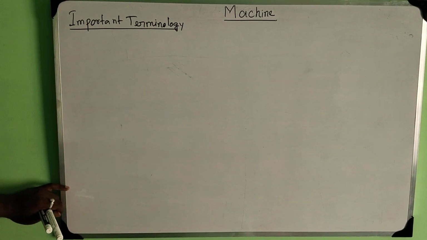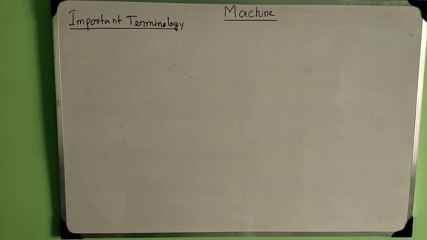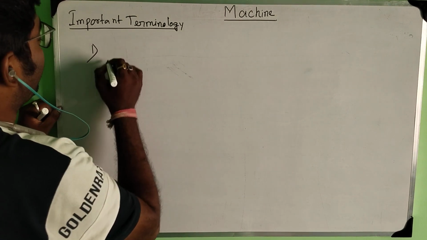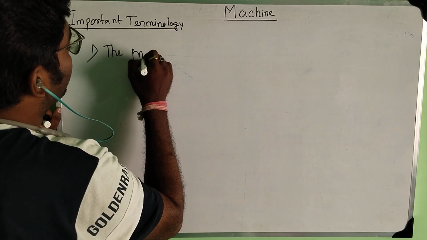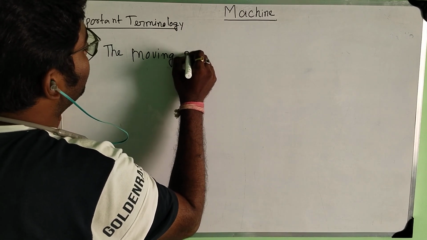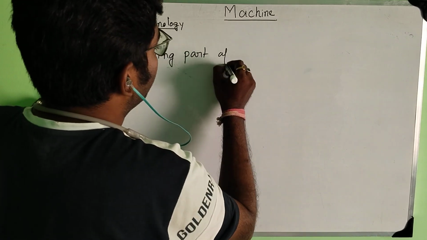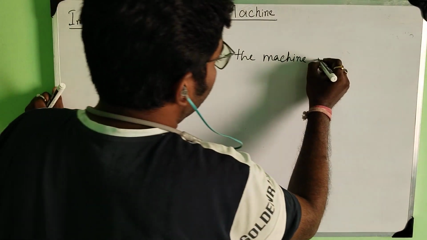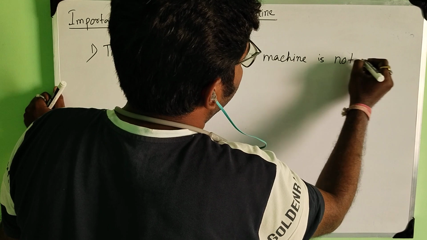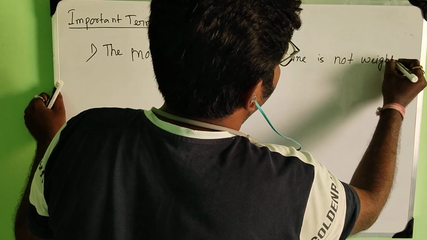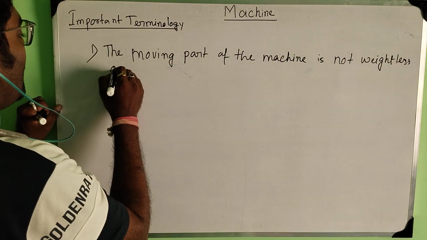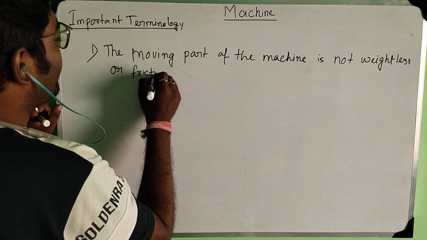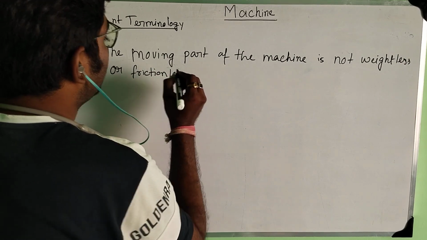Now, there are reasons in the book. Three reasons are given for this energy loss. First one is the moving part of the machine is not weightless or frictionless.